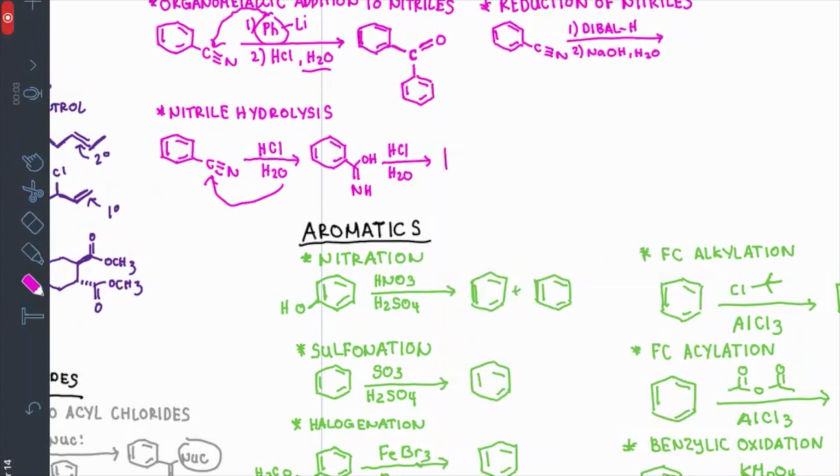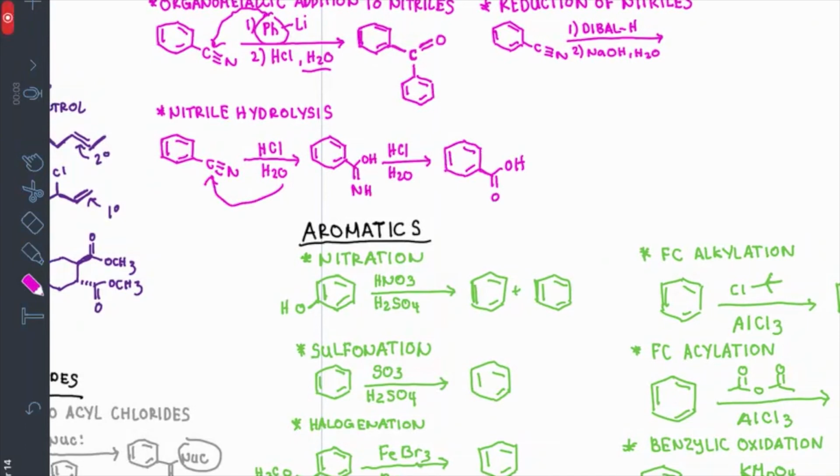Then, upon treating this molecule with another equivalent of HCl and H2O, the water is going to attack that nitrogen again, and as a result, we end up with a carboxylic acid. So we replace the NH, the double bonded N, with a double bonded oxygen. Okay.